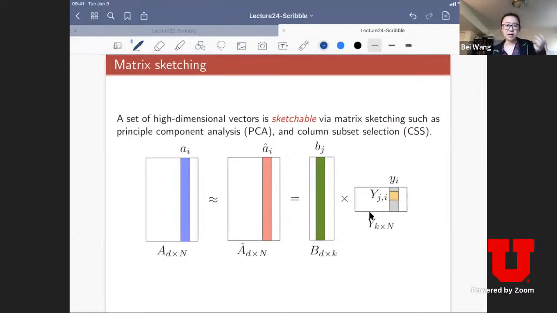We just explained that in PCA you find a decomposition into matrix B and matrix Y such that A is approximated by the matrix multiplication, where the columns of Y are used as a low dimensional projection of a_i, so a_i corresponds to y_i. In column selection, it's slightly different. In PCA, the columns in B may be new vectors, right?